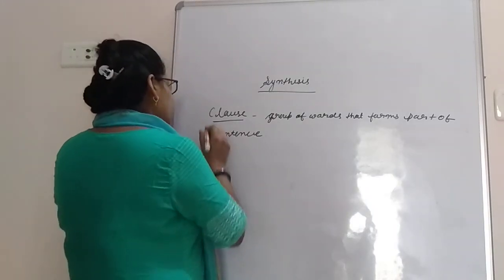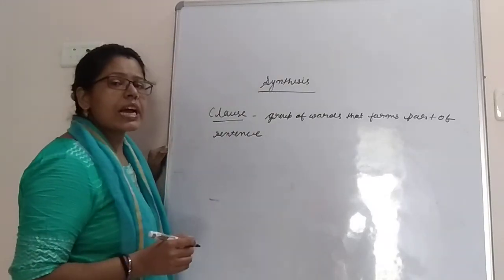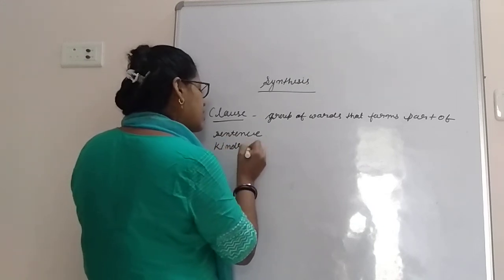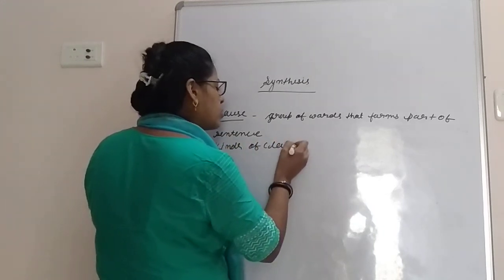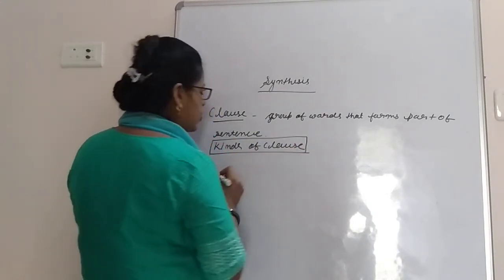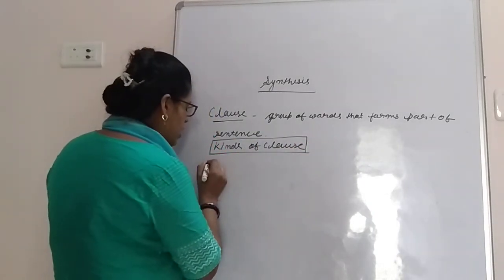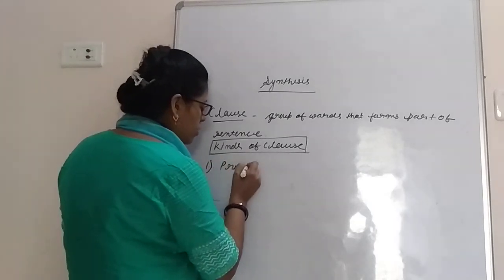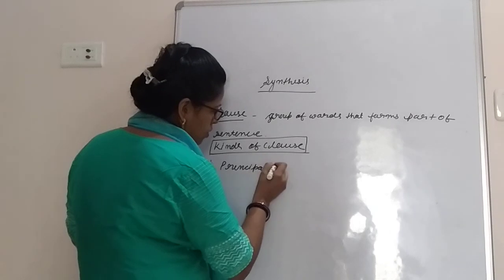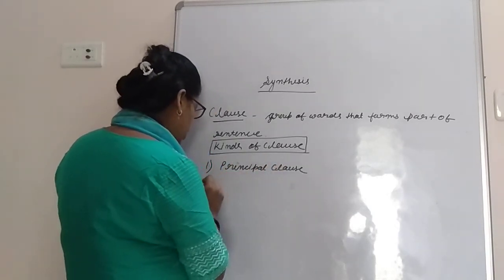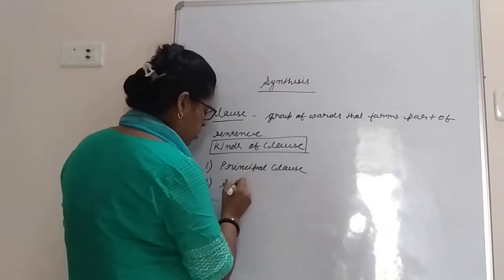So then you have to study what types of clause. So we can write here also what kinds of clause. My dear student, there are basically three kinds of clause. The first one is principal clause. Second one is subordinate clause.